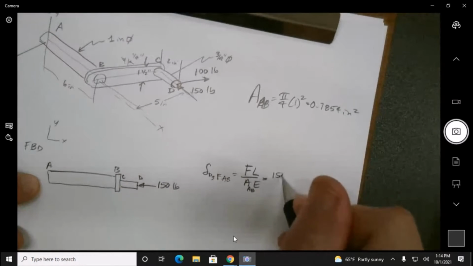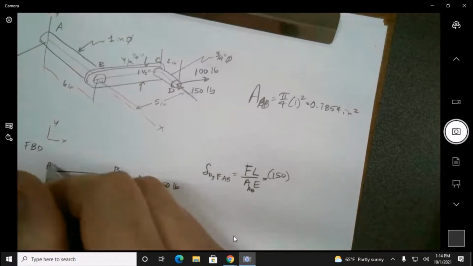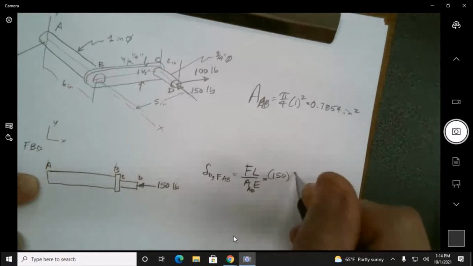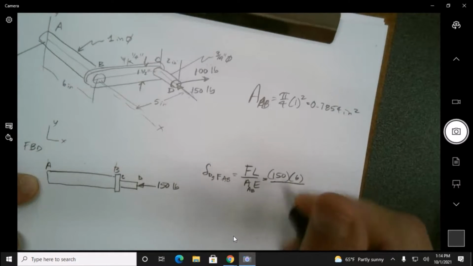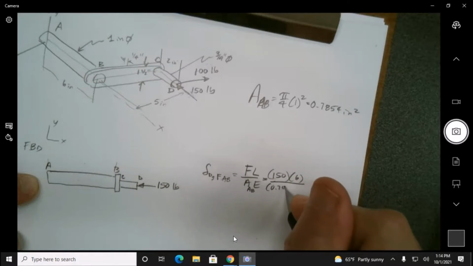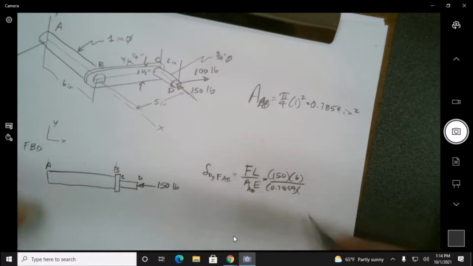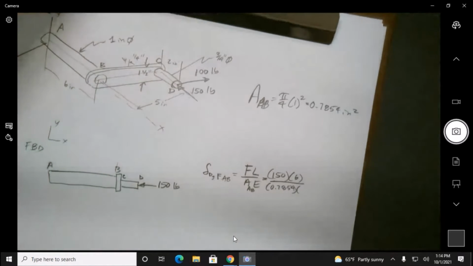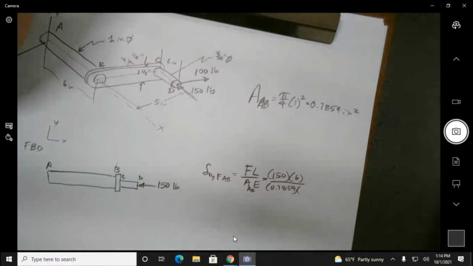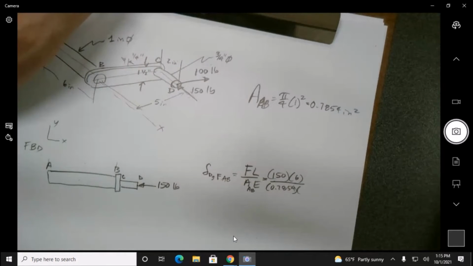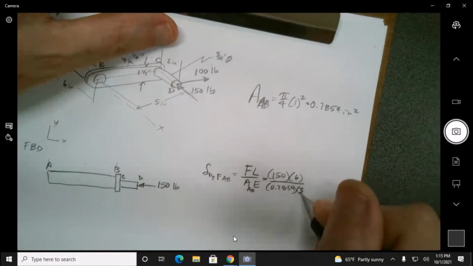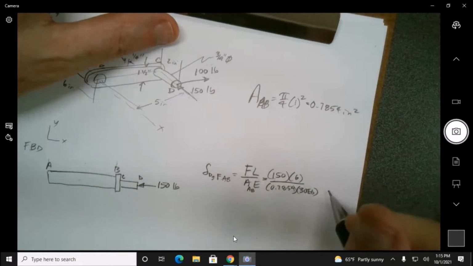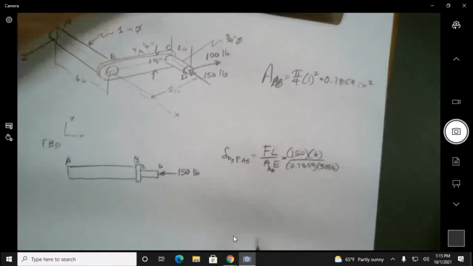But that's going to be the 150, and then the length of this thing is 6 inches, and the area 0.7854. I didn't look in the book to see if they said it was steel, probably mild steel. So we'll just be lazy and go 30E6 because it's the most common one to use.